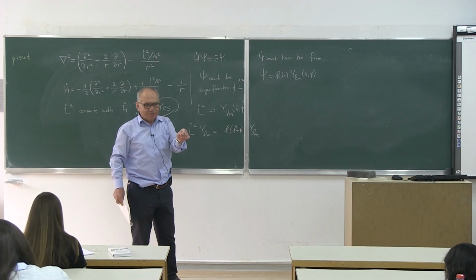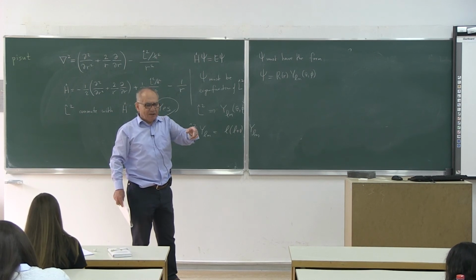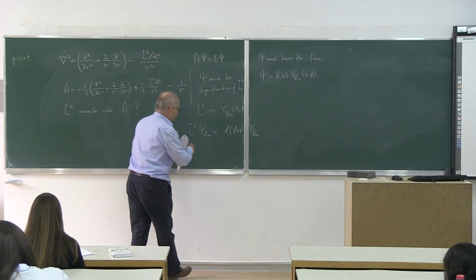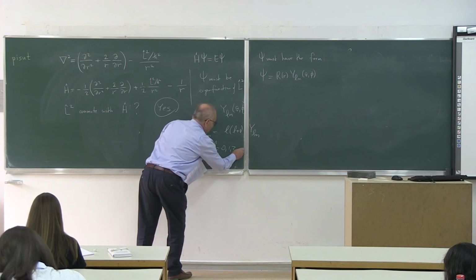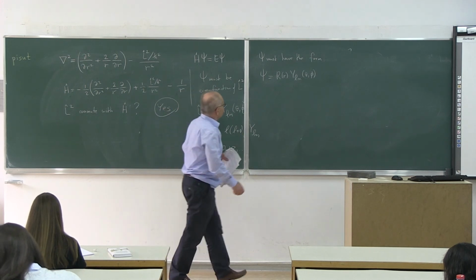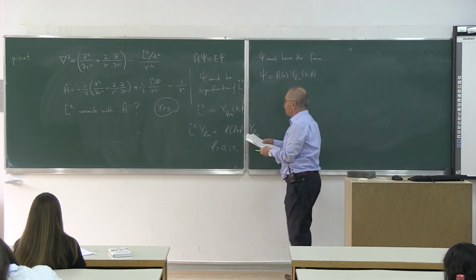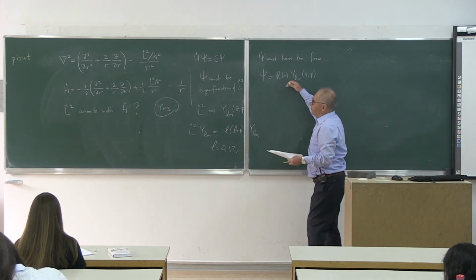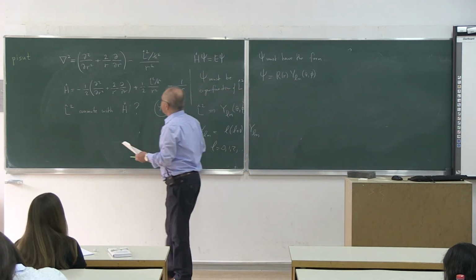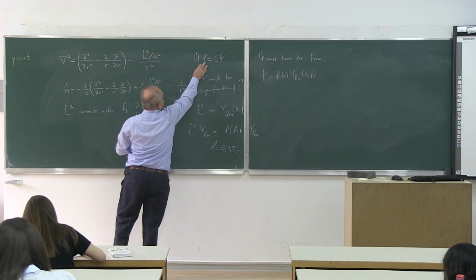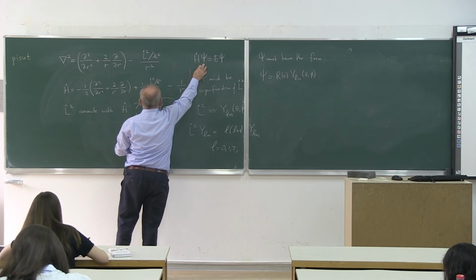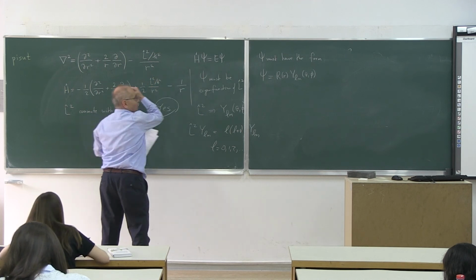For angular momentum, it is h bar. The square of angular momentum is the square of h bar. So here, L is 0, 1, 2, and so on. So this expression is used in the Schrödinger equation with this Hamiltonian.